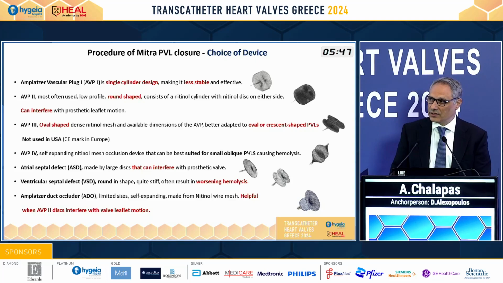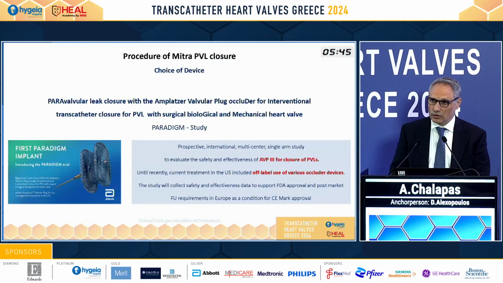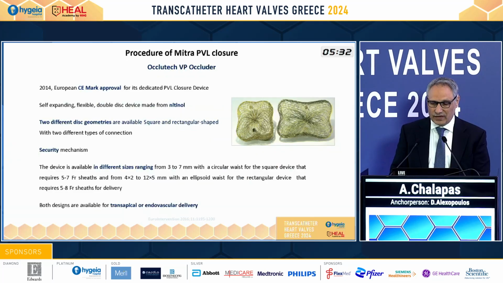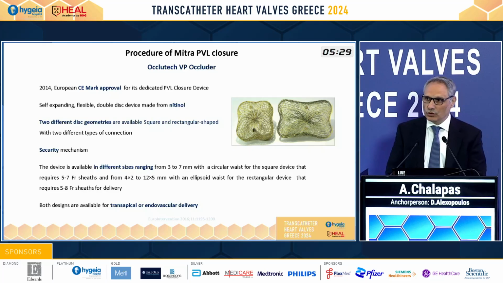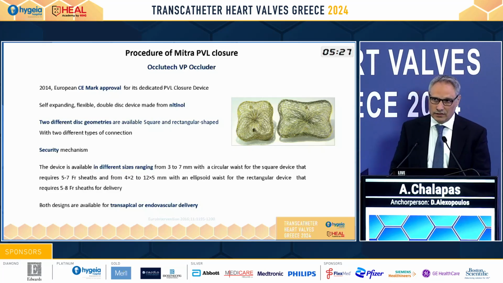The AVP3 has CE mark approval in Europe, but at the moment not FDA approval. However, we expect the data from the PARADIGM study, which is going to give us new insights regarding the AVP3 in such defects. Up to now in Europe, the only dedicated device is the Occlutech.